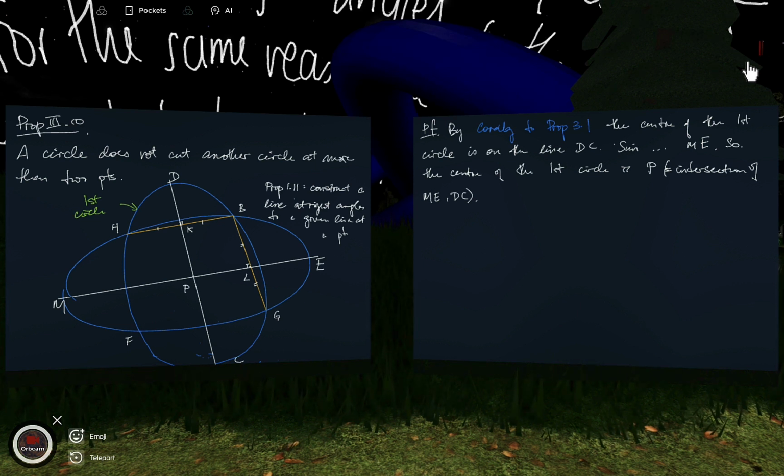So this applies also to the second circle, right? Those points that we picked, B, G, F, and H, they're actually on both circles, so it didn't matter which circle we picked. So the same argument applies to the second circle.